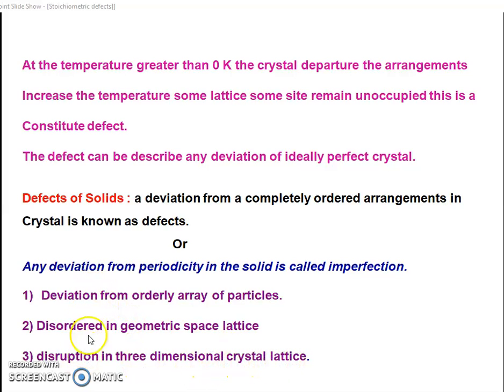So these three points are important for the defects observed in crystals.